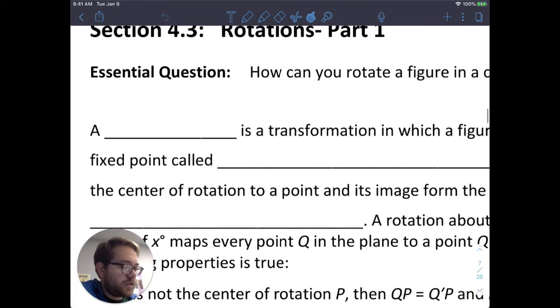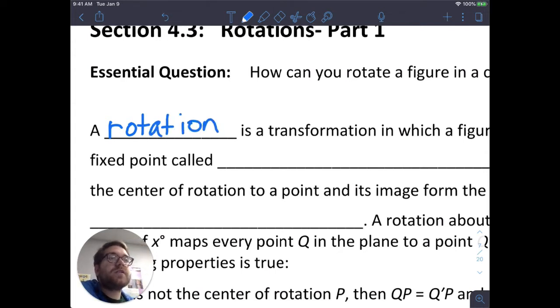A rotation is a transformation in which a figure is turned about a fixed point, so a point that isn't moving. For us in this unit, we'll be mainly rotating about the origin. So that fixed point is called the center of rotation.